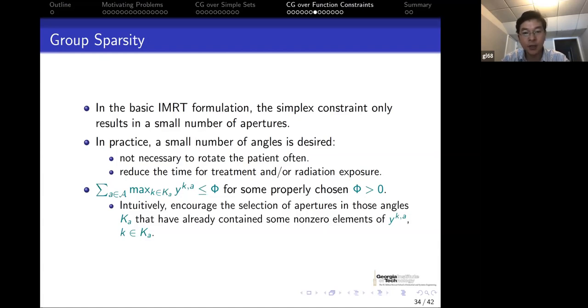That will reduce the treatment time and radiation exposure significantly. So we decide to incorporate a group sparsity constraint defined as the summation of the maximum of y_k being smaller than or equal to a threshold phi. Intuitively, this constraint will encourage the selection of apertures in those angles that already contain some non-zero elements of y. In this way, we encourage a small number of angles in the final treatment plan.